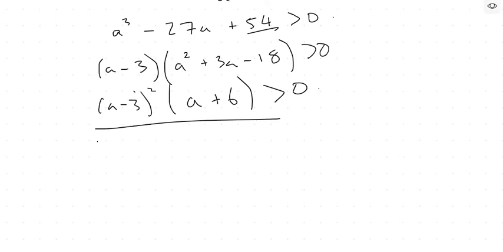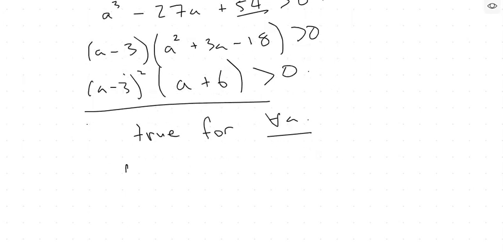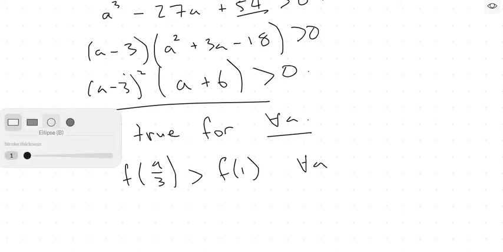This is actually true for all values of a, right? Because this is always positive and a is bigger than 0. So f of a over 3 is always bigger than f of 1 for all a. So I'll draw a box around this one, blue condition.